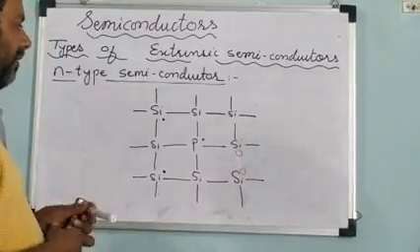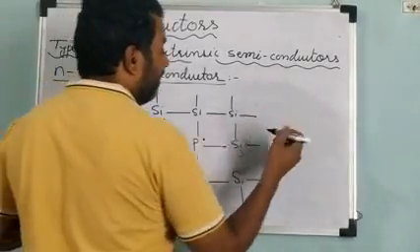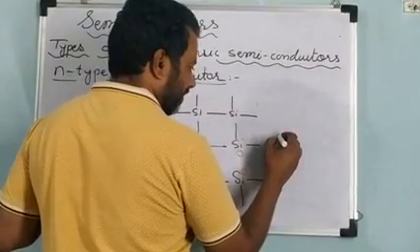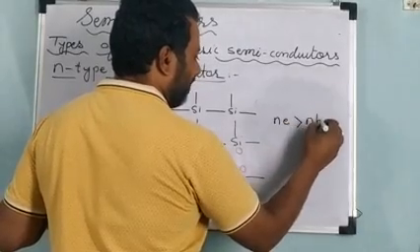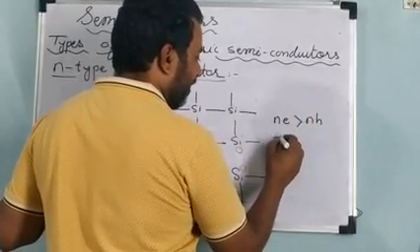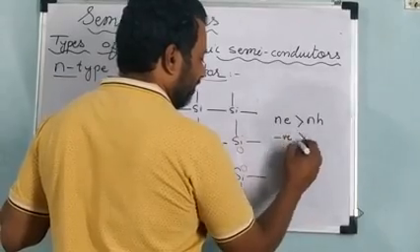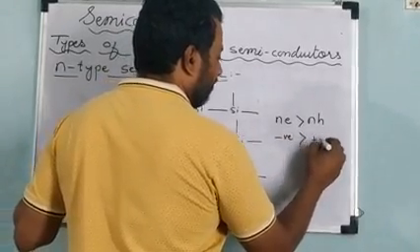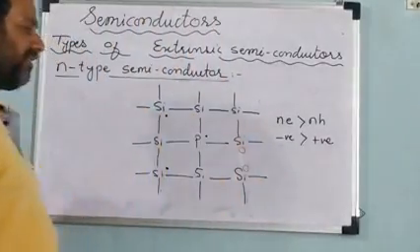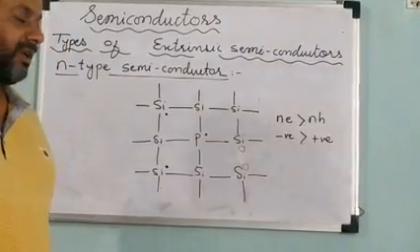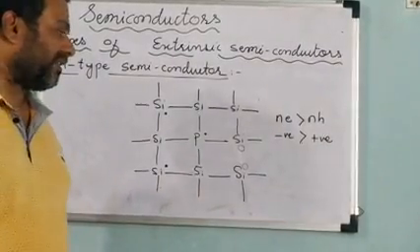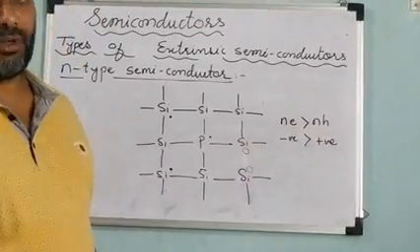So we can easily understand that the number of negative charge carriers, that is electrons, is more than the number of holes. Because of this reason, such a semiconductor is called an n-type semiconductor, because here the electrons are in majority.